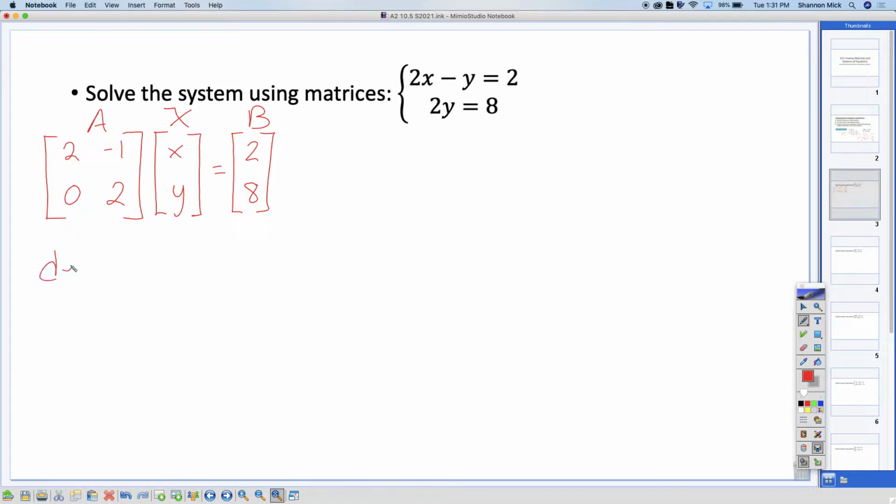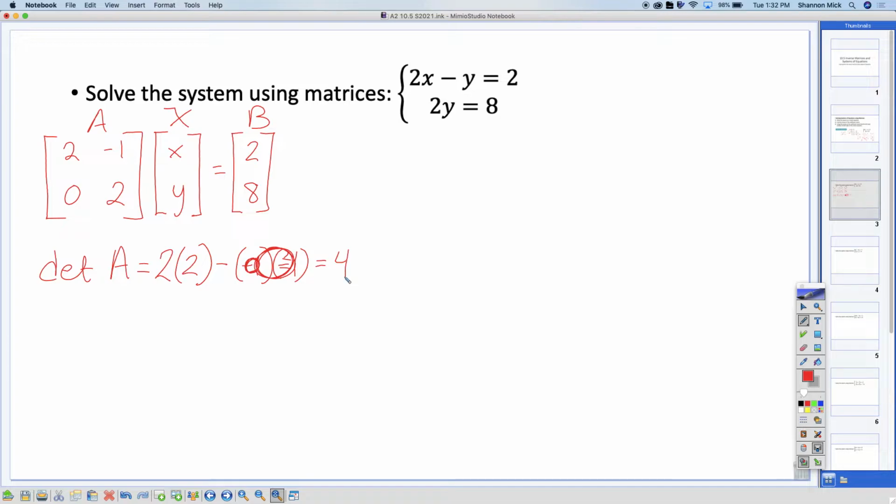So the determinant of A, and I'll write it out one time, is going to be 2 times 2 minus negative 1 times 0. Yeah, it's going to be 0 for that part. So my determinant is what? 4. So there is an inverse, yes?